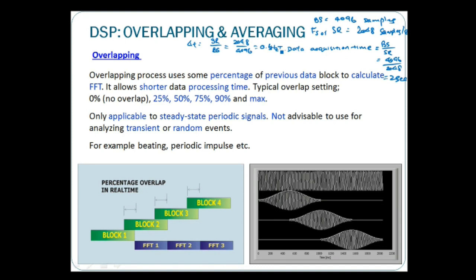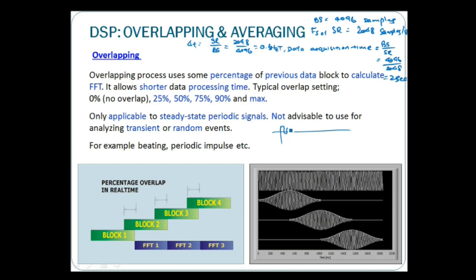Overlapping is a process that basically involves sharing some data from the previous block of samples with the upcoming block. You are sharing some portions of your previous block of samples, because the signal is continuous.